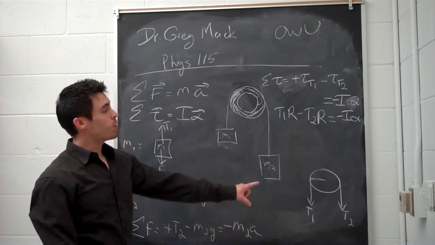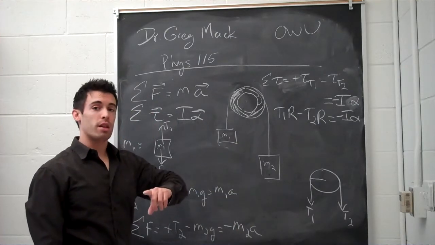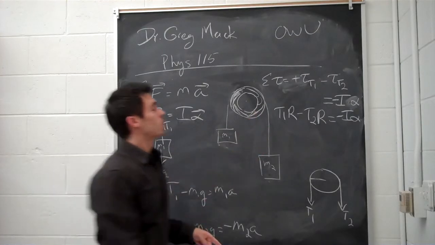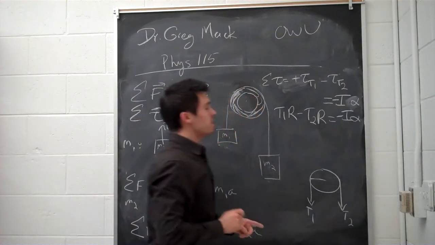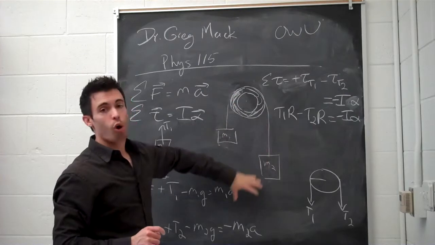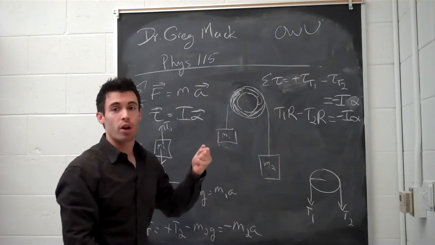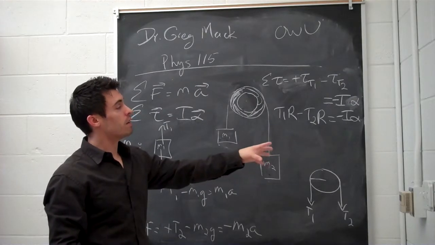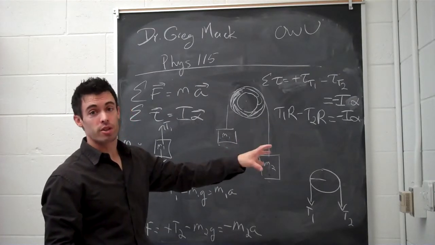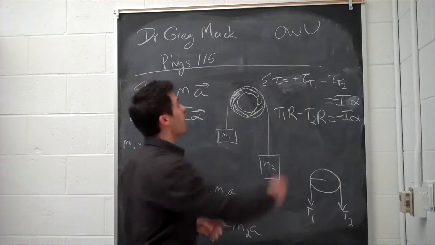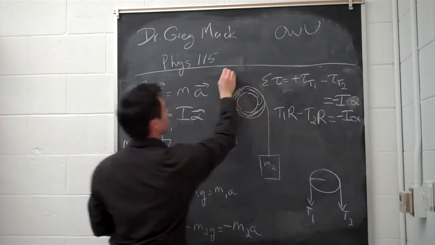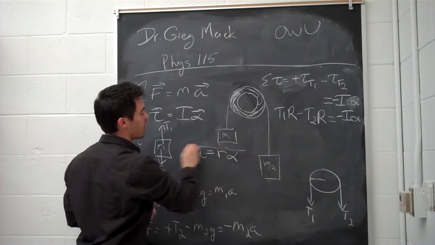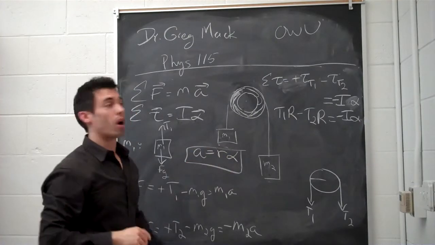And just like we could relate V and omega in the energy case, we can relate A and alpha in this case. Because the rope is going over the pulley, because the rope is moving the pulley, causing the pulley to turn, its angular acceleration is related to its linear acceleration, the tangential acceleration, by, let me write that over here, A is equal to R alpha, just like V is equal to R omega.